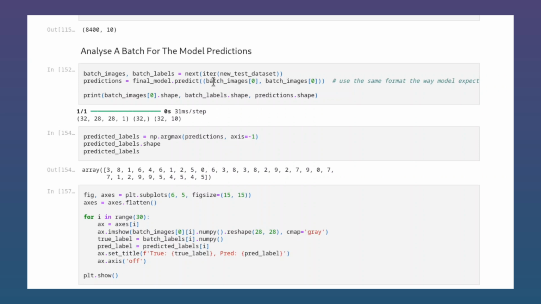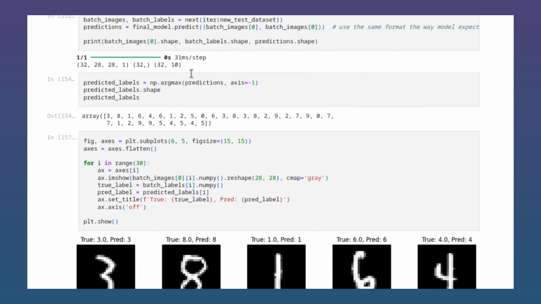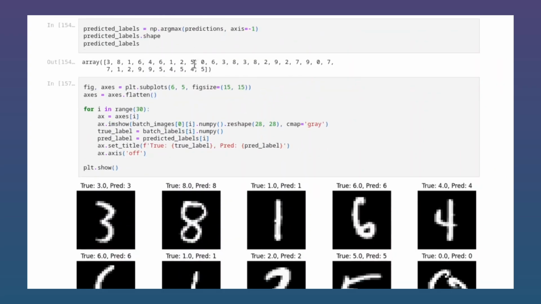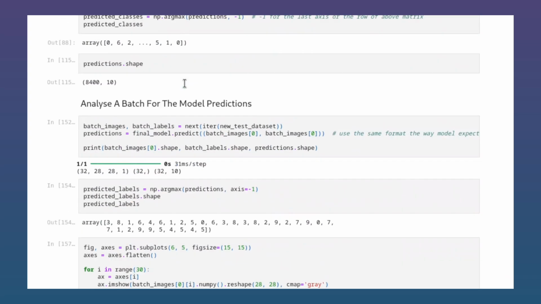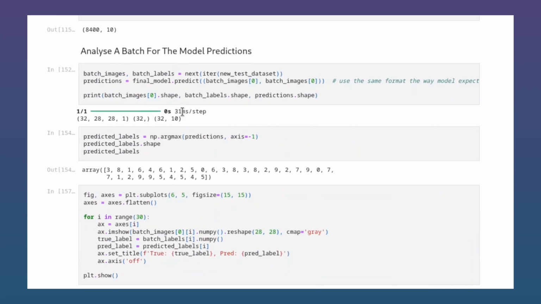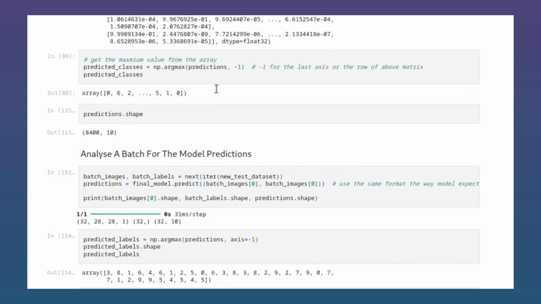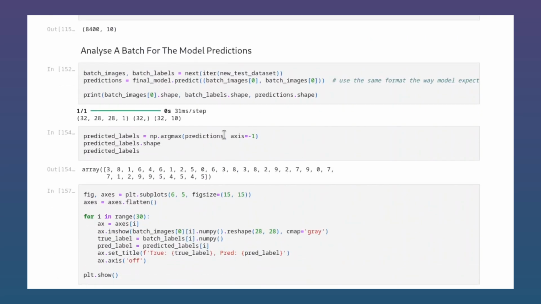That's why we are using batch images 0 and batch images 1. You can make the prediction and get the same thing that we did earlier. Earlier we were doing it for all the images in the test data set, but here we are doing it for the single batch.